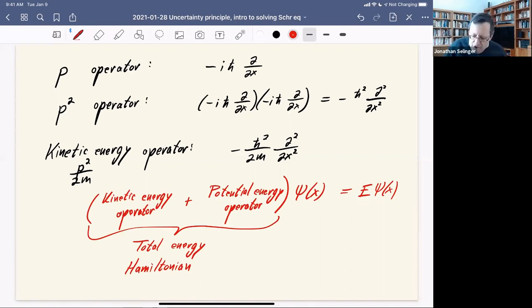And so in quantum mechanics, people use that concept all the time. Okay, so this total energy, the kinetic energy operator plus the potential energy operator, is called the Hamiltonian operator. And it is represented by the symbol H with a little hat over it. Okay, and this little hat is the symbol for operator.